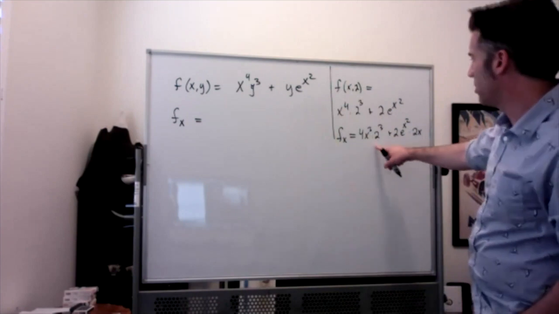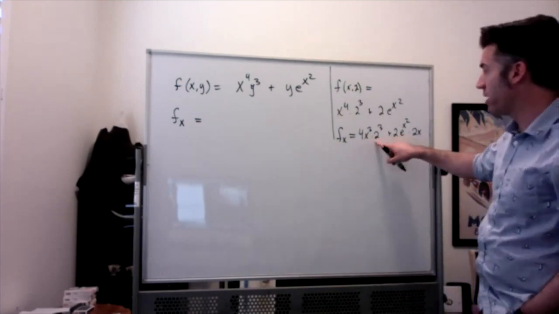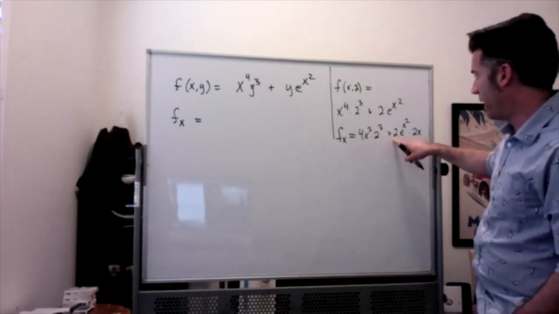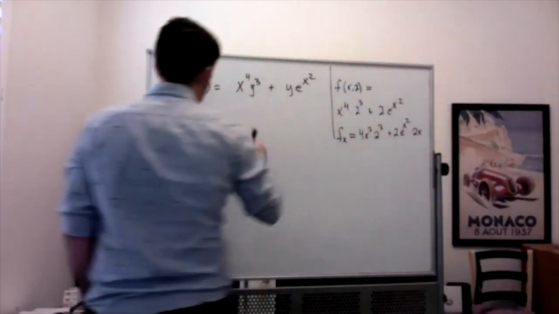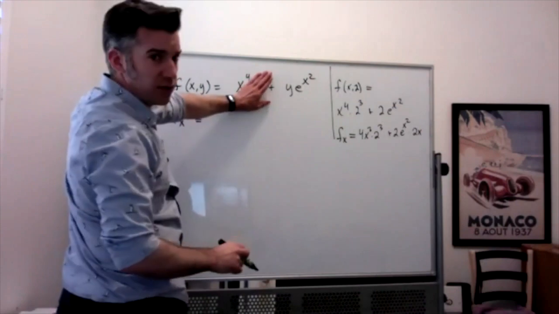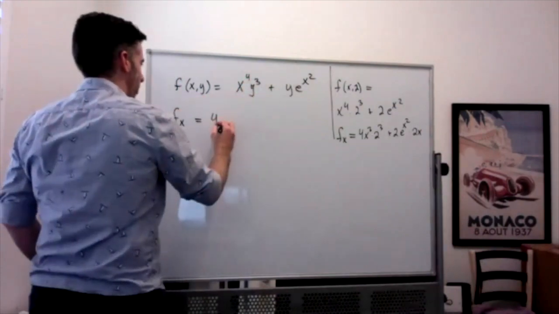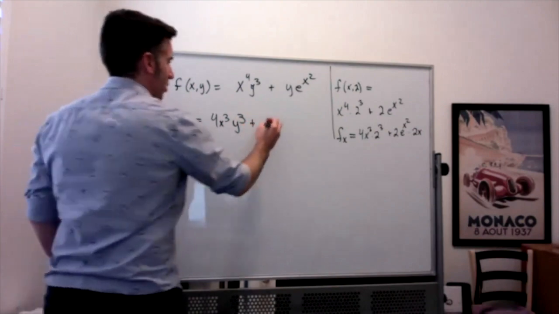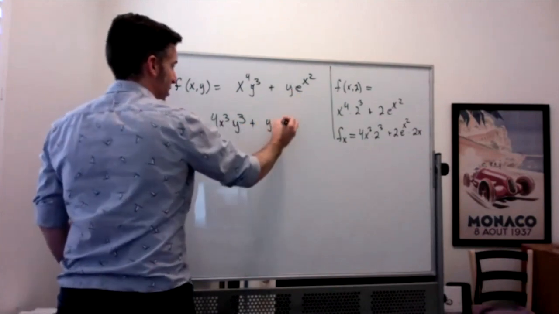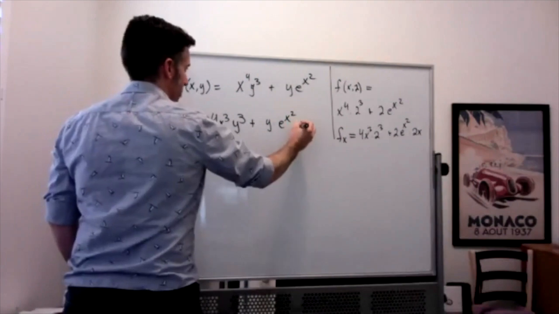So that's really 4x cubed times y cubed plus y times e to the x squared times 2x. I'm just saying that y is a constant multiple, so my derivative is 4x cubed y cubed plus y times e to the x squared times the derivative of the stuff.